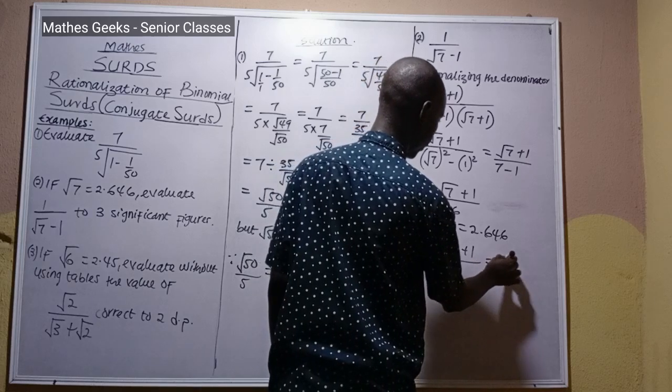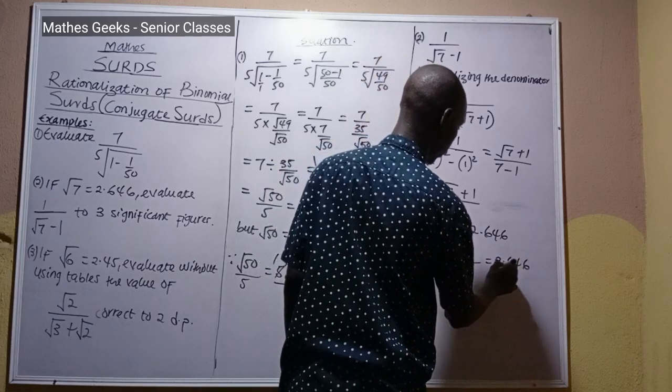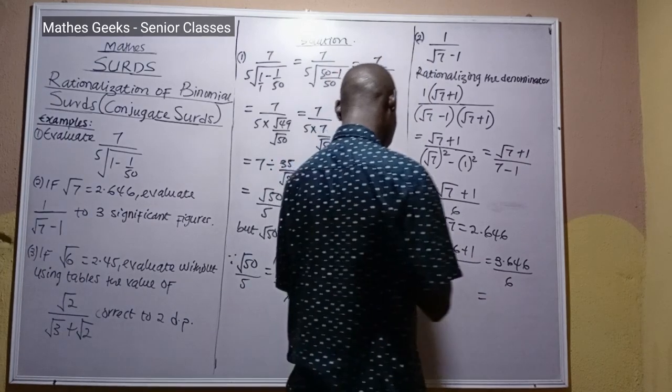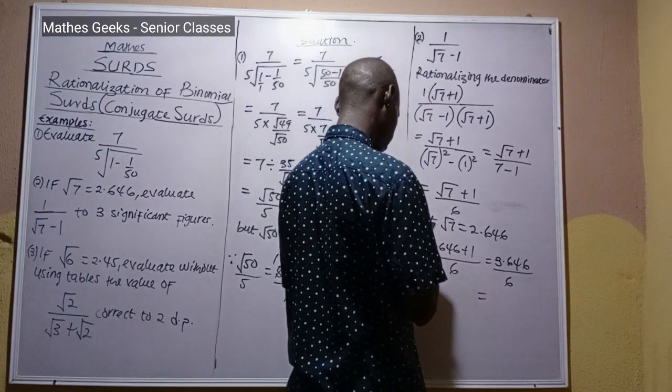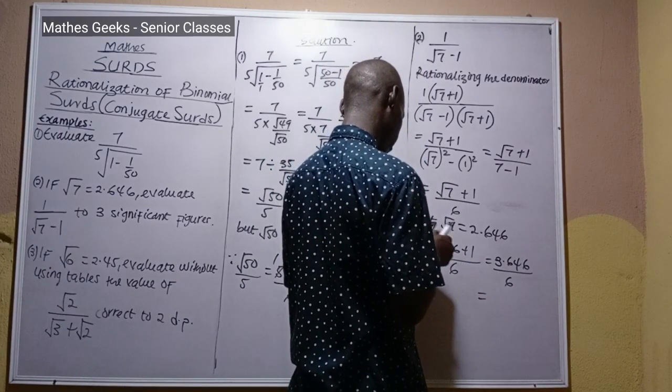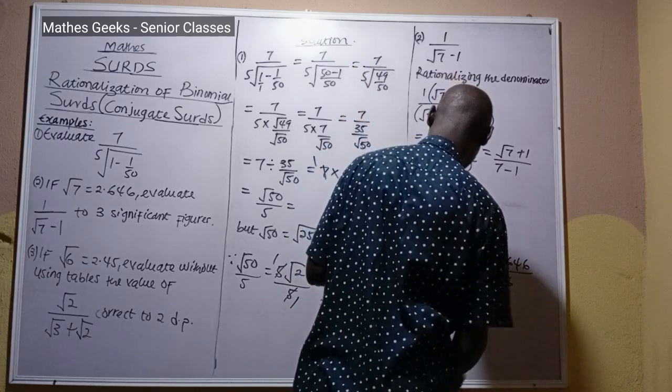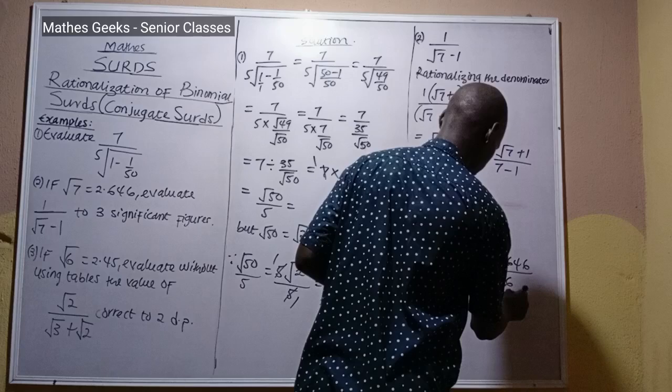That's equal to 3.646 over 6. That's equal to 0.608.